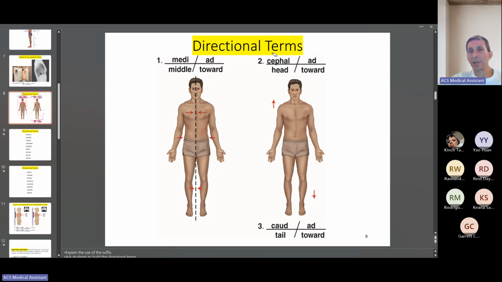Not going to confuse them. Medial, AL, is not the same as mediad. So one is towards, the other one is pertaining to. So be careful when you have to find the definitions, to make sure that you're not going to confuse them.